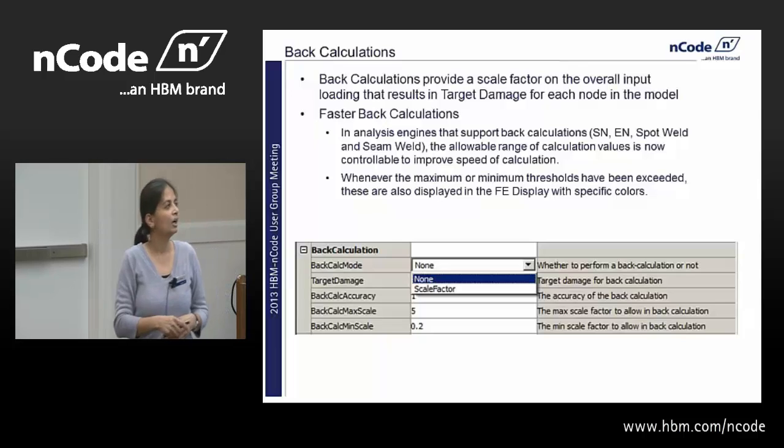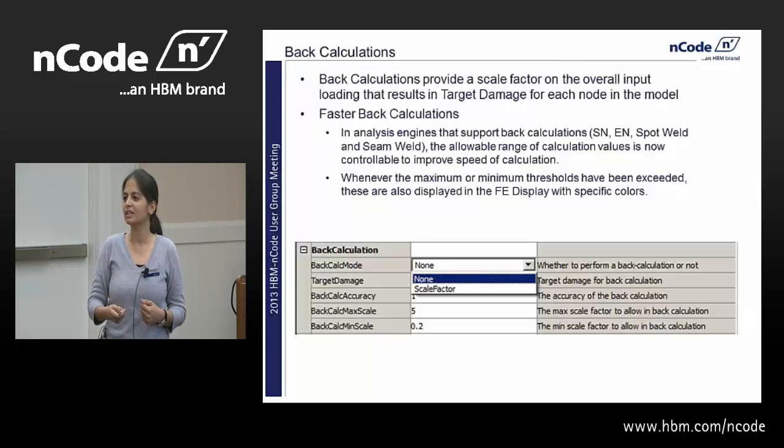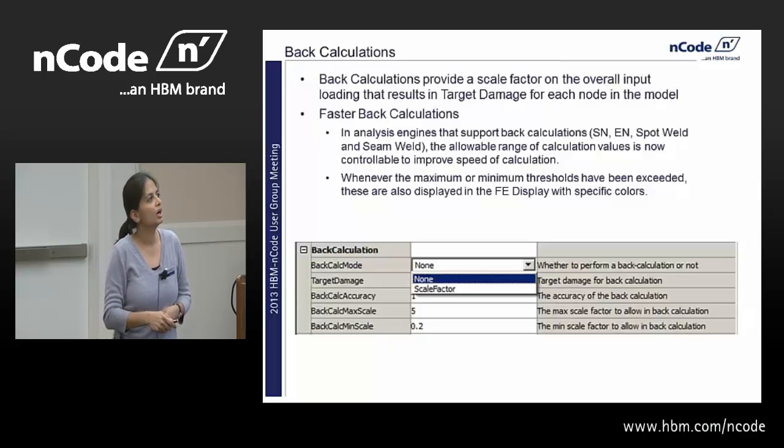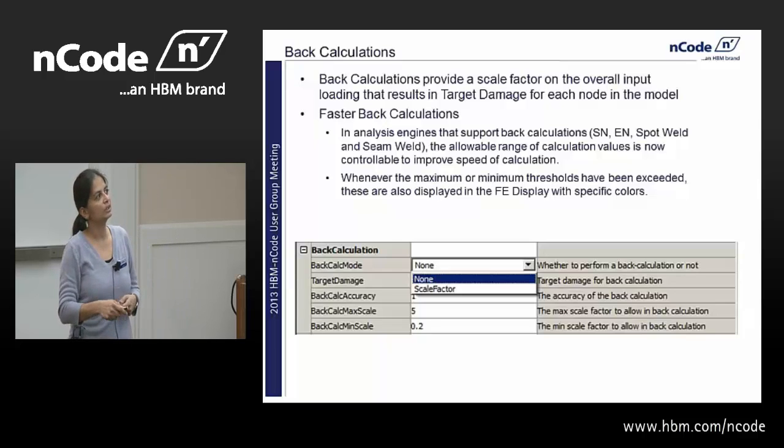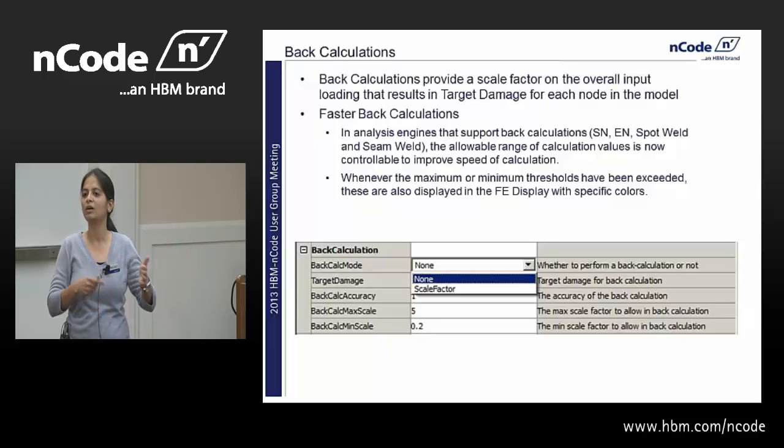Okay, so what this means in terms of calculation time is it speeds up the analysis, because it's a far smaller range of scale factors that it needs to run. Okay, so the back calculation for the scale factor now with version 9 has a narrow range of values.